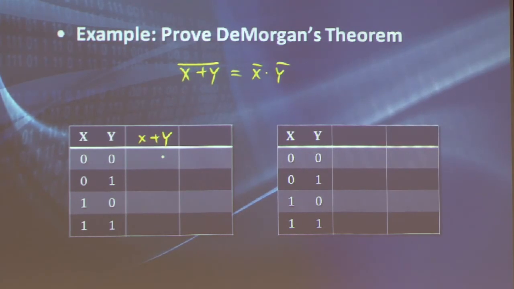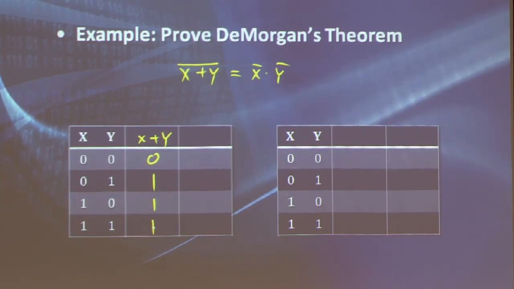I'll do it step by step. First of all, calculate x or y, which is just a simple OR operation. And then I'll invert it. So this will be my left-hand side.